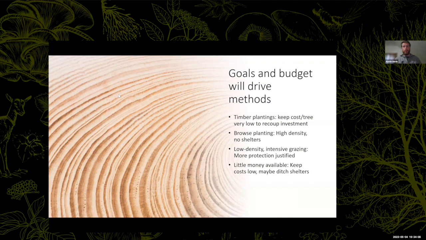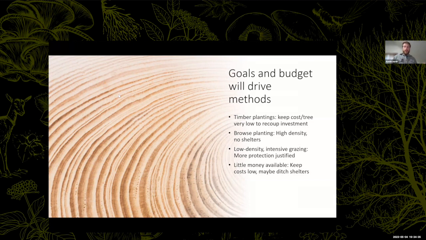Where we have been able to find funding, we've been able to build out a pretty good budget for each of our projects. But if you're really constrained by your budget, you'll want to think very critically about what methods you will use. If you've only got, let's say, a budget of $8 a tree, then using methods that will cost you $30 or $40 a tree might not work.